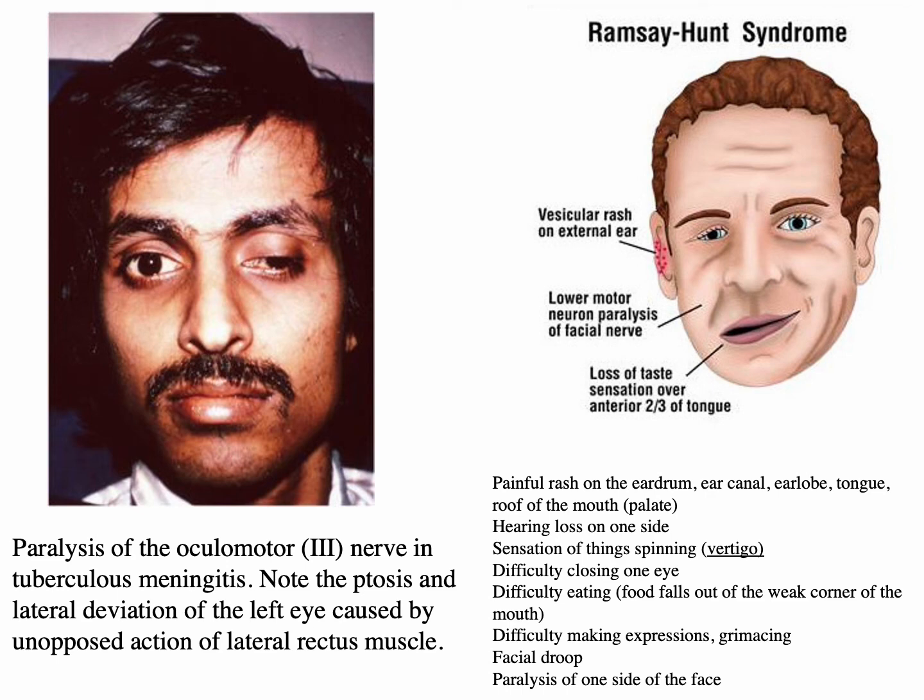The same goes for Ramsay-Hunt syndrome, which is caused by herpes. You can even have a vesicular rash on the external ear, and then lower motor neuron paralysis of the facial nerve. Then there is loss of taste sensation over two thirds of the tongue, and you can also see how the face differs between the left and the right side.